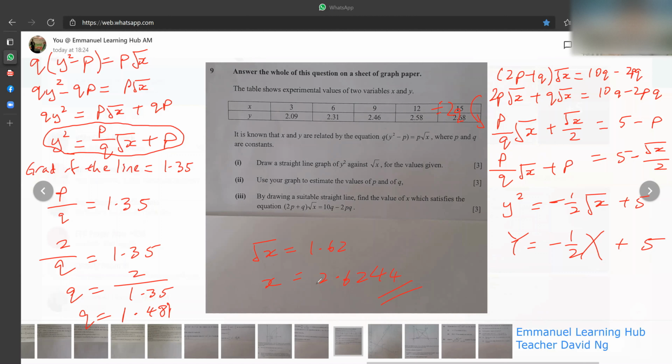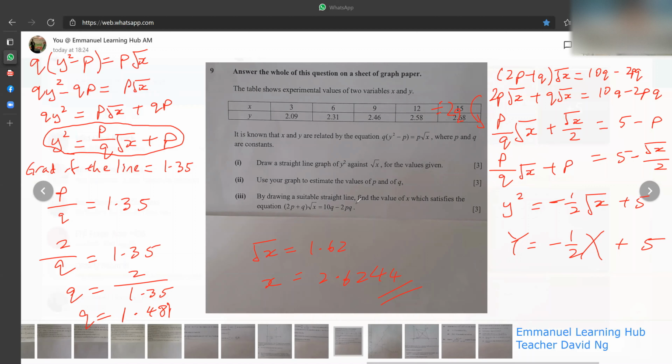Actually, graph is the marks, is not so hard to get. Graph is quite kind of question where the marks I would say is quite easy to score. It's just about manipulating the equation and draw the straight line and use the graph to solve part 3.